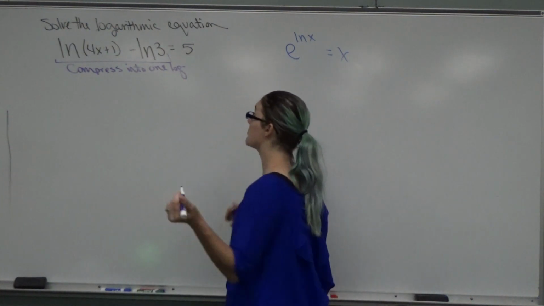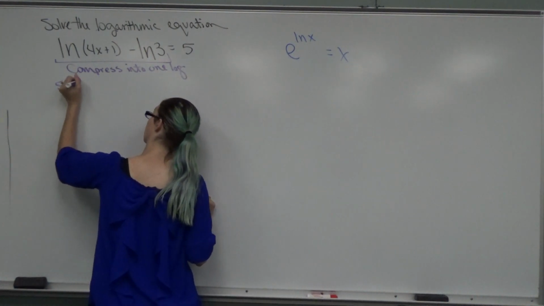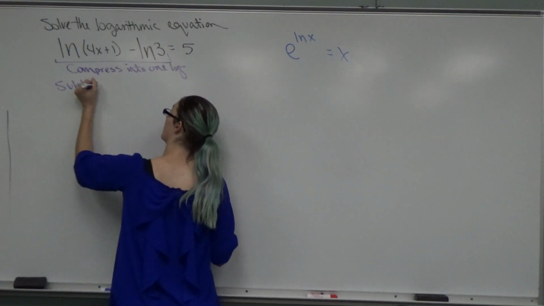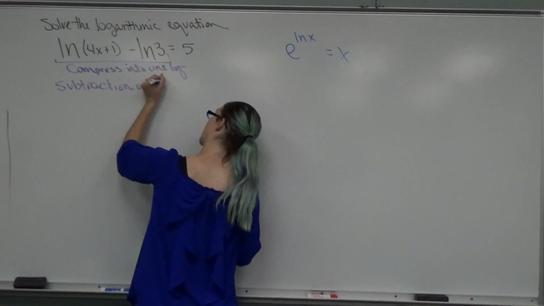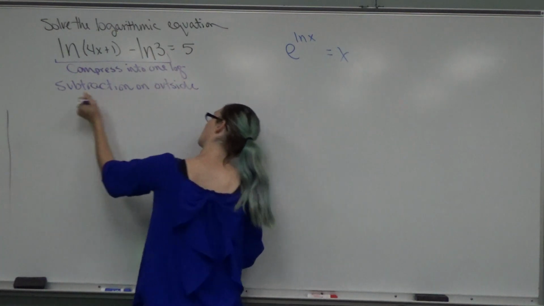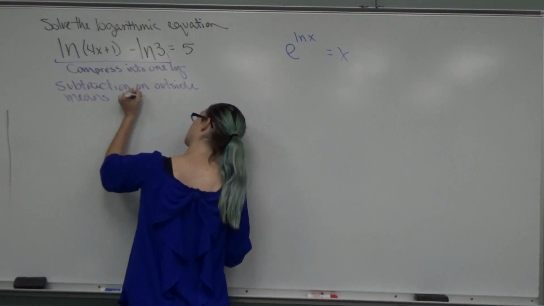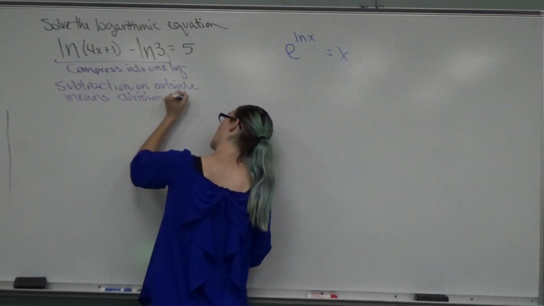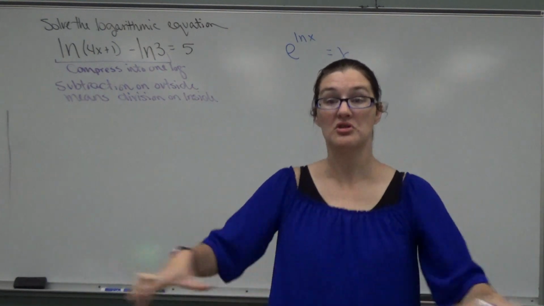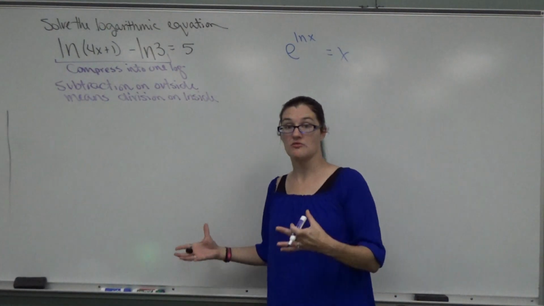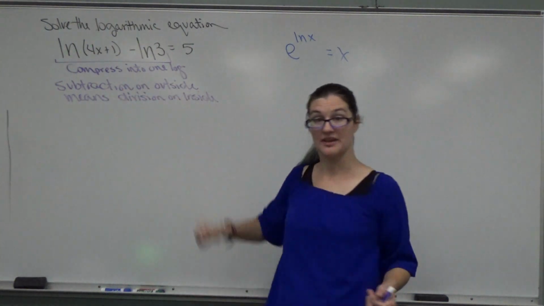There is a property with logs that says, well this is my version of it, subtraction on the outside means division on the inside. And I try to write that down because the more you write that down, the more you're going to remember that it's subtraction on the outside and division on the inside.